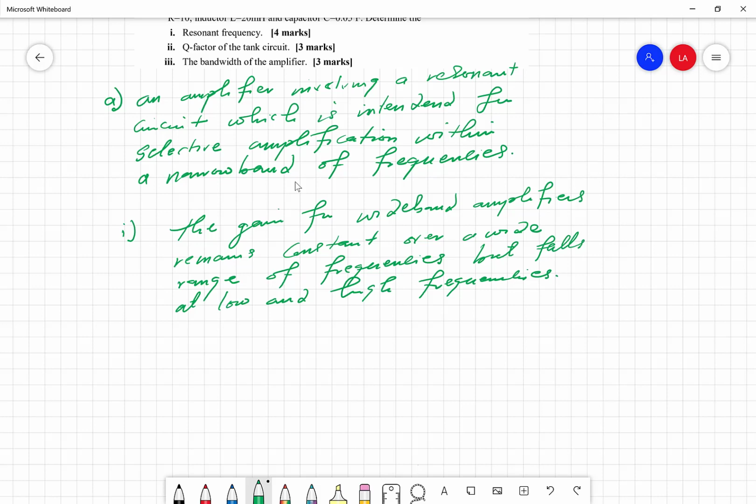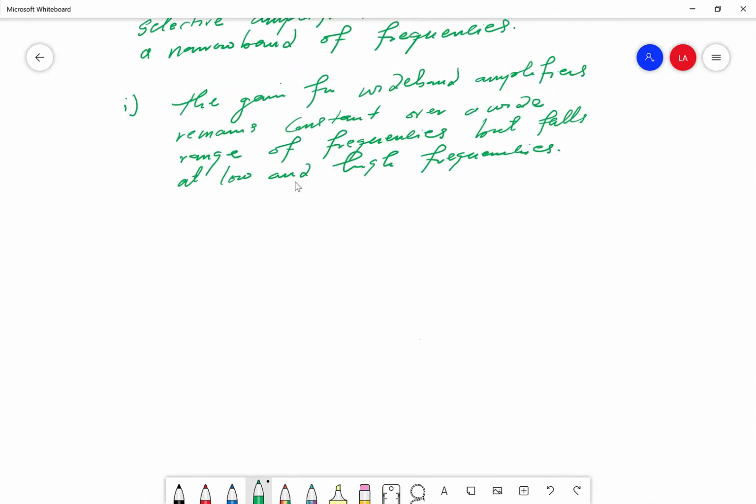Okay, so to further explain this, let's explain it using the diagram. Assuming this is angular frequency, and this is gain in dB. So let's say this is our tuned amplifier frequency response. Pardon my sketching.